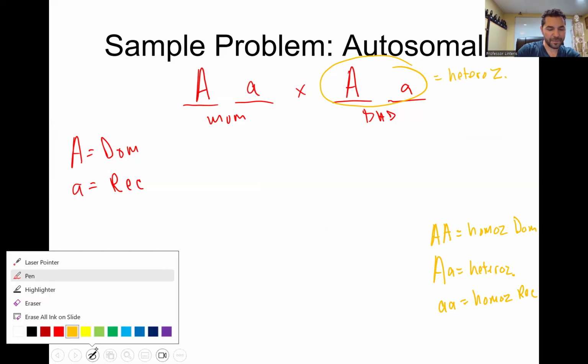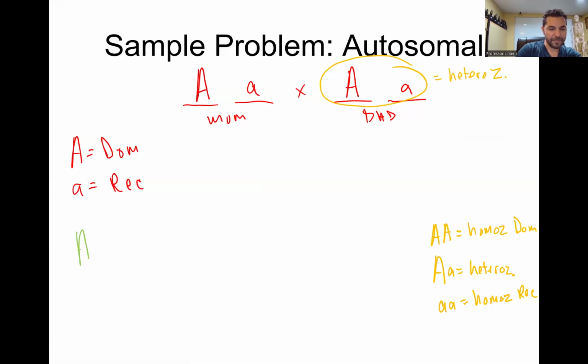Let's say in this problem the dominant gene coded for, you could just make something up, I don't know, tall. That's polygenic, but it doesn't matter. We're just making something up. So big A would mean tall, and it would say it somewhere in the problem. Little a would be short. It's not how it actually works, but we're just practicing.